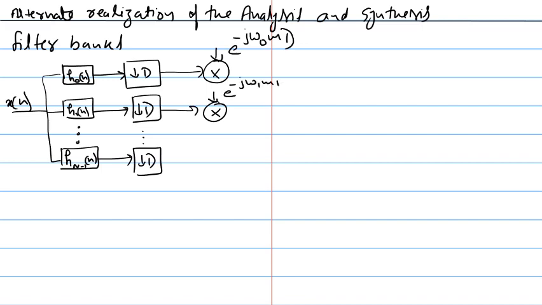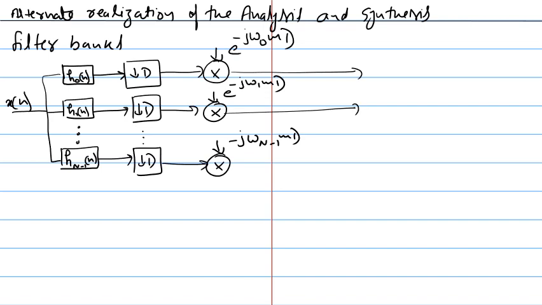So we will be getting minus j omega n minus 1 md. These are the outputs, x naught m, x1 m, x of n minus 1 m.